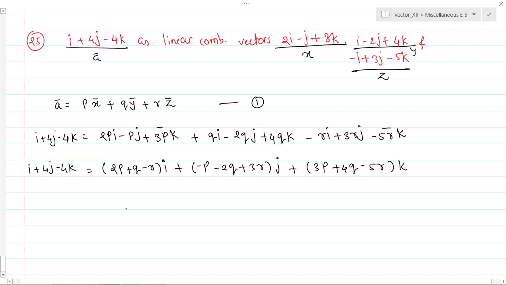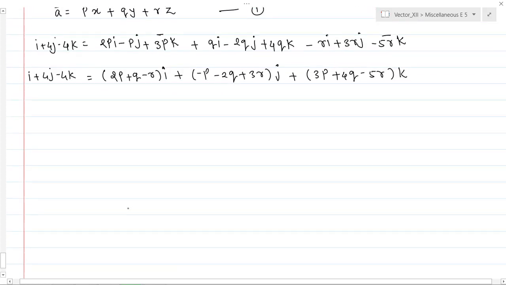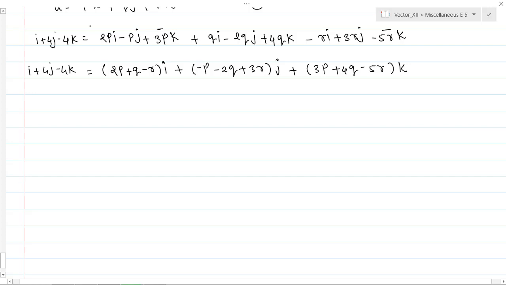So let's equate this. 1 is equal to 2p plus q minus r, first equation. Second, 4 is equal to the coefficient of j, so minus p minus 2q plus 3r, equation number 2.